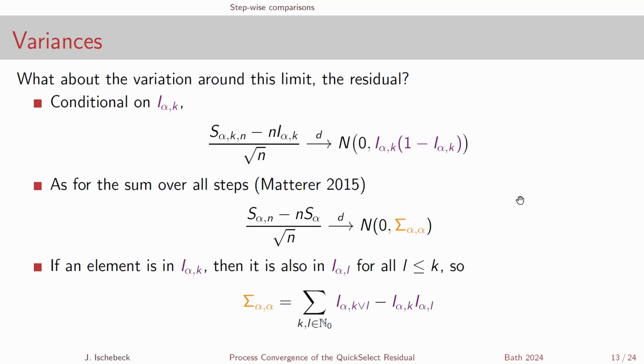That is, the covariances of an element being in I alpha K and being in I alpha L for a smaller interval I alpha L. But because those intervals contain each other, we see that the product here is just I alpha, whatever is bigger, K or L, the smaller interval, minus the product of the interval lengths. And if we sum this up, we get the variances of the residual.